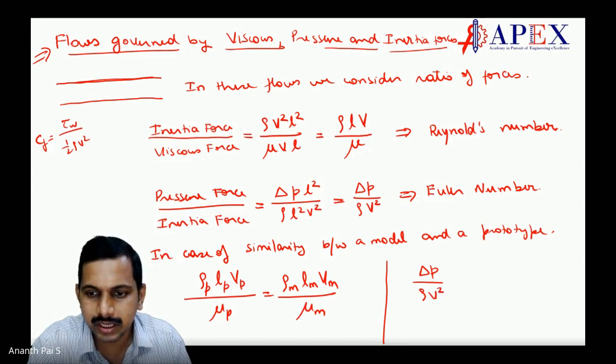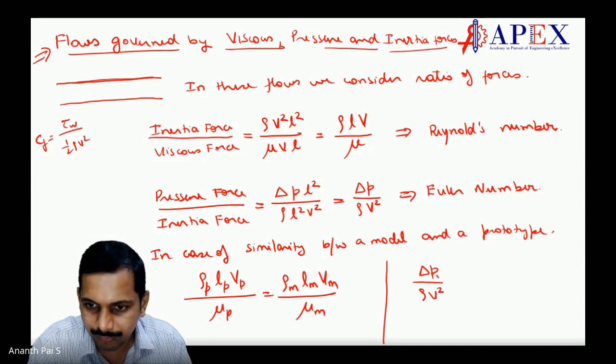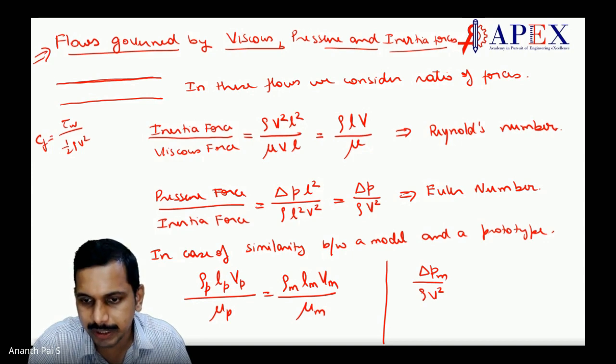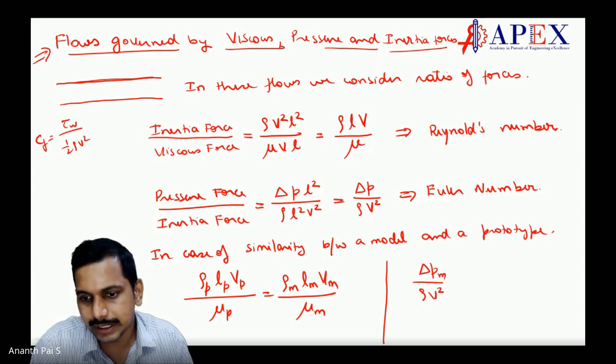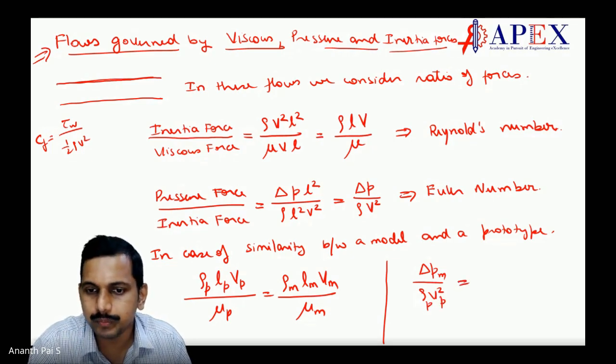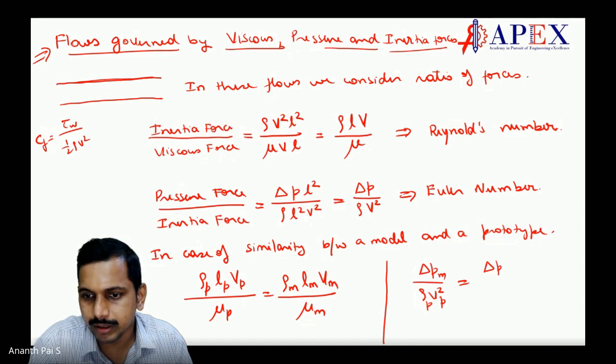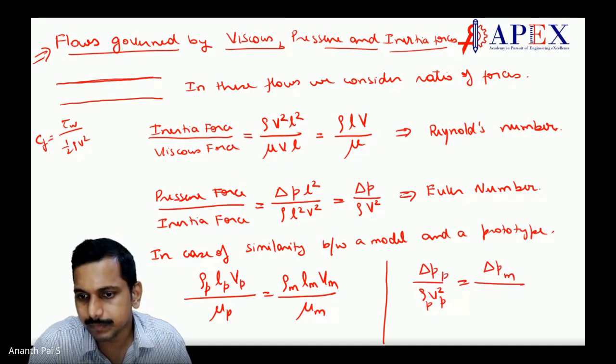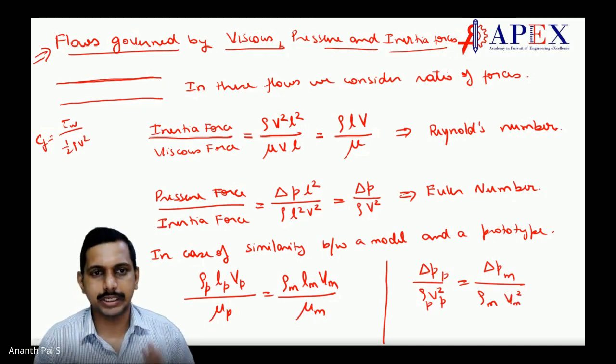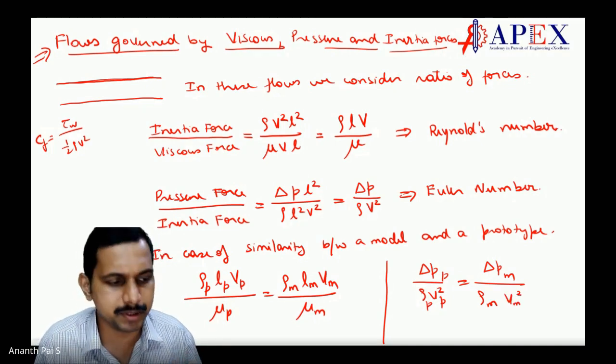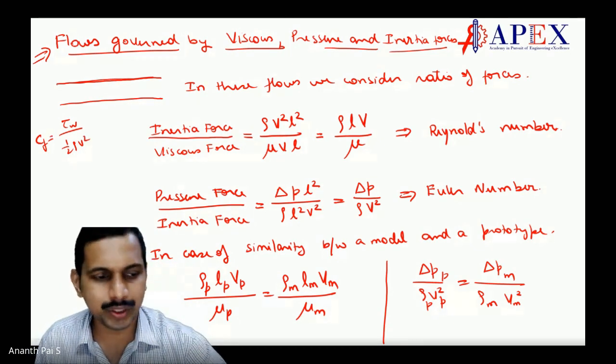So delta P of the prototype divided by rho P, Vp square should be equal to delta P of the model divided by rho M, Vm square. Simple and strict. These questions are also simple, students, provided we know that, that's it.